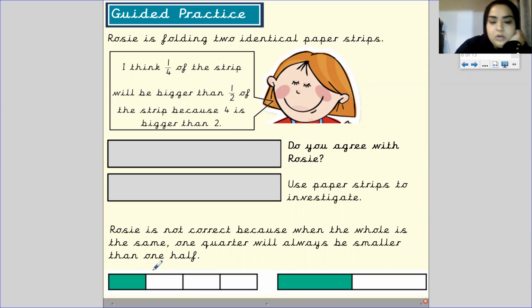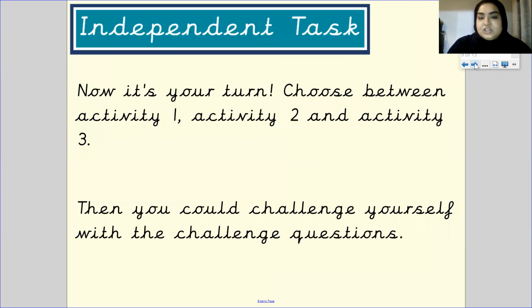So when we say whole, we say, for example, if it's the same size and we split it in 4 sections, so 4 parts for 1/4, and then if we split it in half, half will always be bigger, because half is always more than 1/4. 1/4 will always give you a smaller number. Fantastic, year 3.